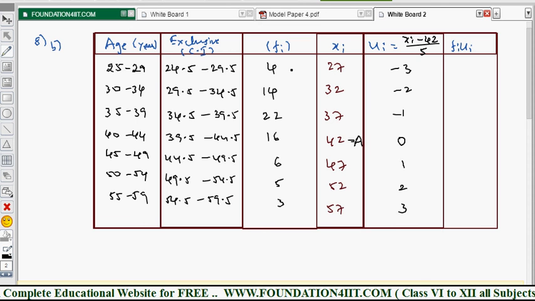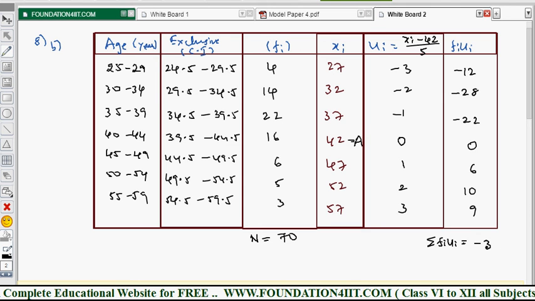Now fi ui: 4 into minus 3 is minus 12, just multiply: minus 28, minus 22, 0, 6, 10 and 9. Now the n value, n is the sum of the frequencies, that is 70, and sigma fi ui: you just add the positive numbers and the negative numbers and subtract.